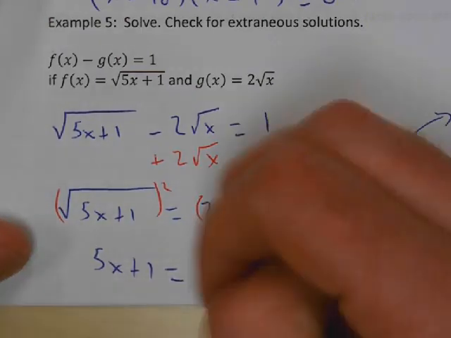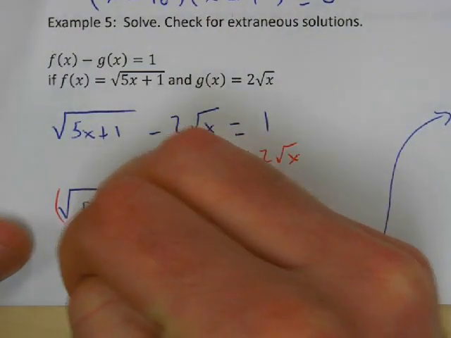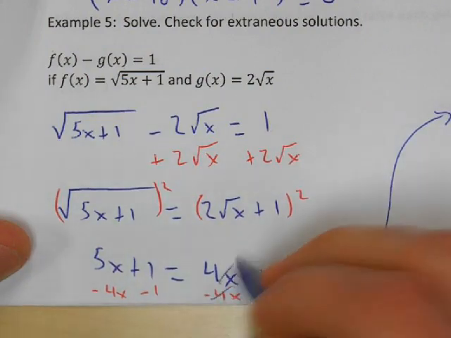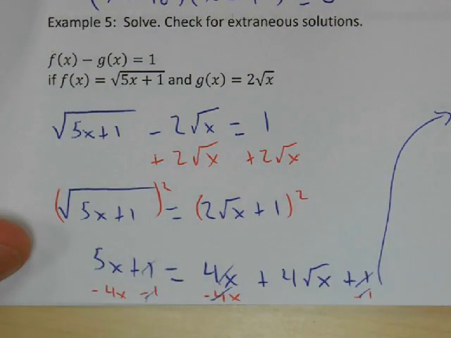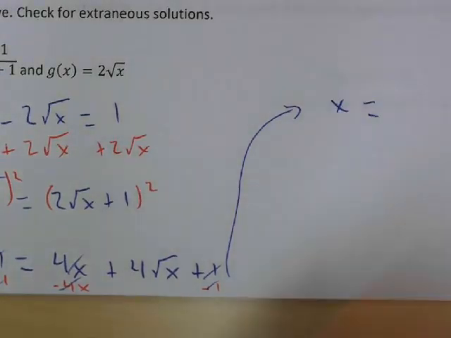So then I want to subtract 4x and move this over. I want to also subtract 1 and move that over. And this works out pretty nice because, well, this stuff's all gone. And then this stuff is gone too. I get 5x minus 4x is just 1x on the left side of my equation equals 4 root x.